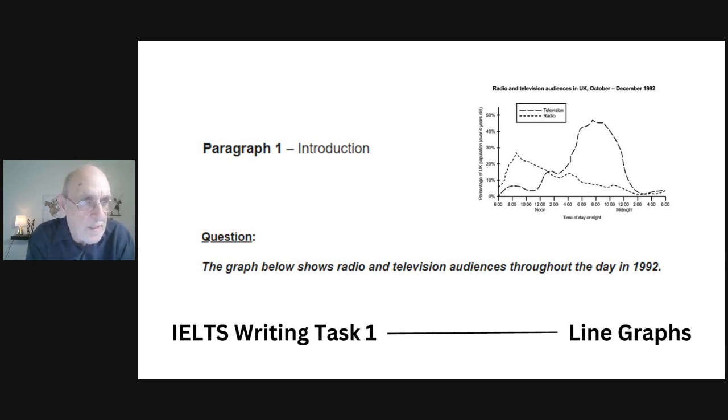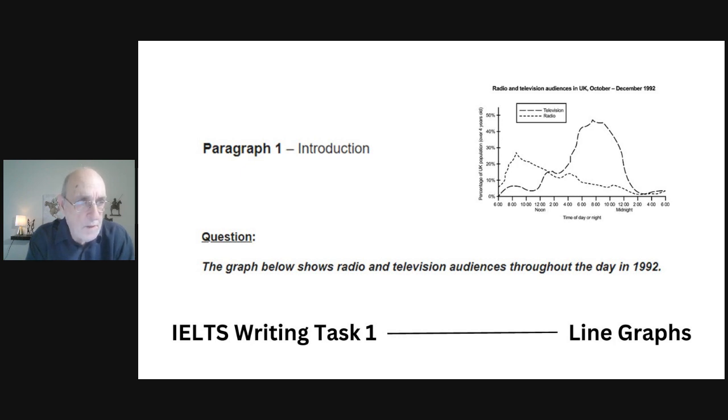And this is a very simple thing to write. All we have to do is take the question, and this is the exact question that we're given for this graph. It says the graph below shows radio and television audiences throughout the day in 1992.